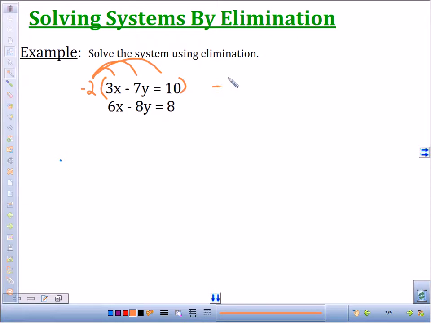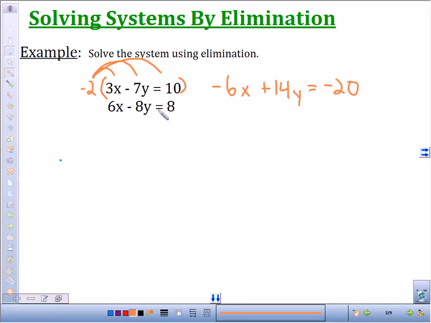3 times -2 is -6x. -2 times -7 is +14y. And -2 times 10 is -20. Alright, just to recap. -2 times 3x is -6x. -2 times -7y is +14y. -2 times 10 is -20.